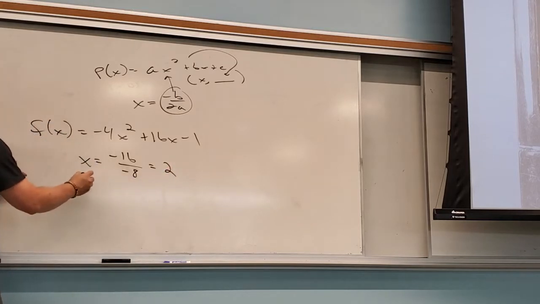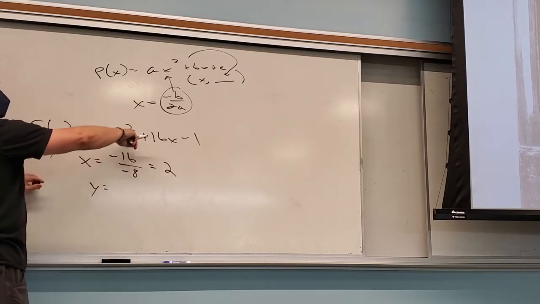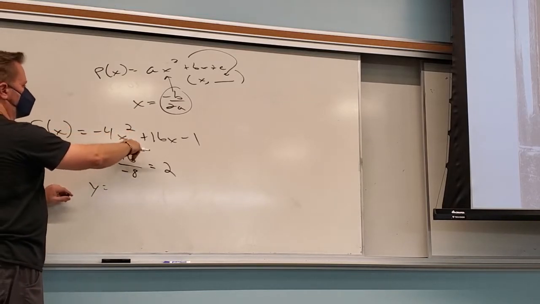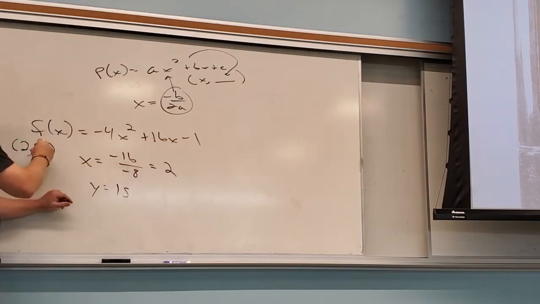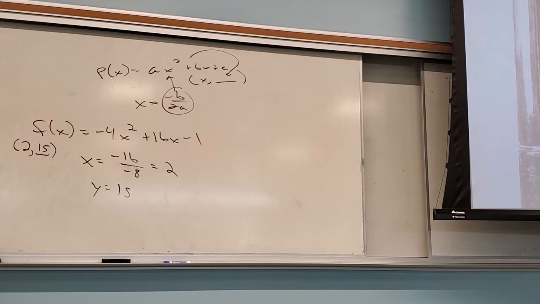And that's the x piece. And of course, the y piece for the vertex: just plug a 2 in, right? Negative 16 plus 32 is 16, minus 1 is 15, I believe. Is that okay? So if this was a cost for somebody's lemonade stand, I'd say, what's the maximum cost? And you would say $15.